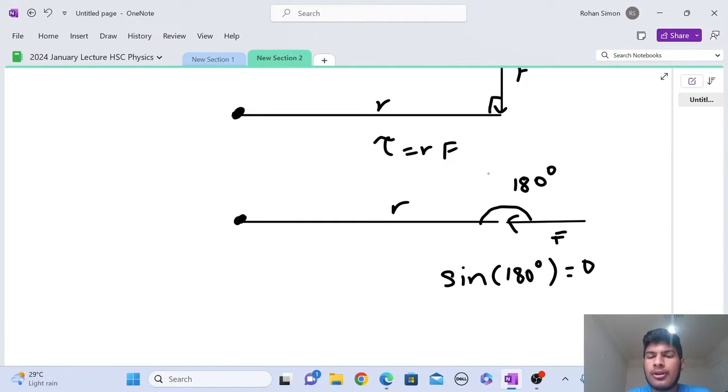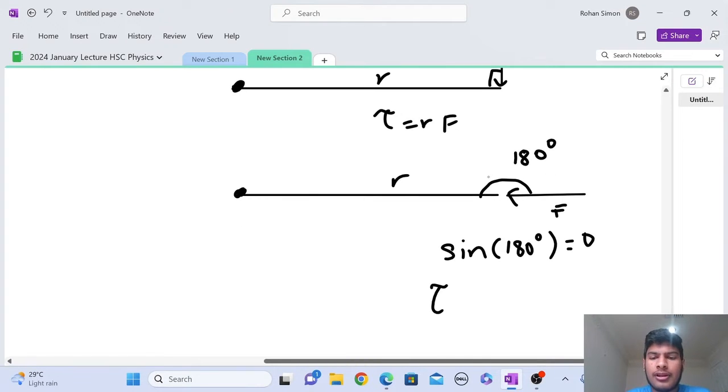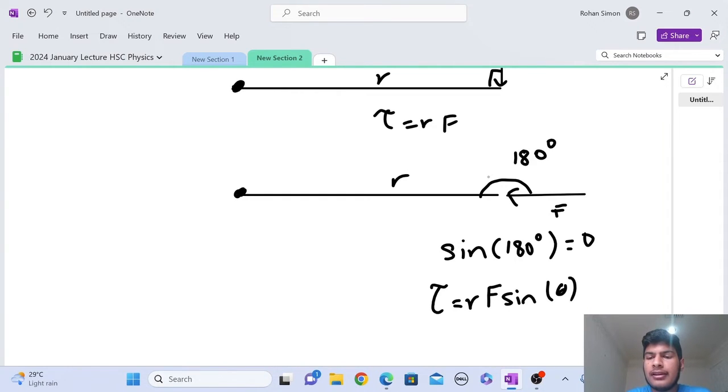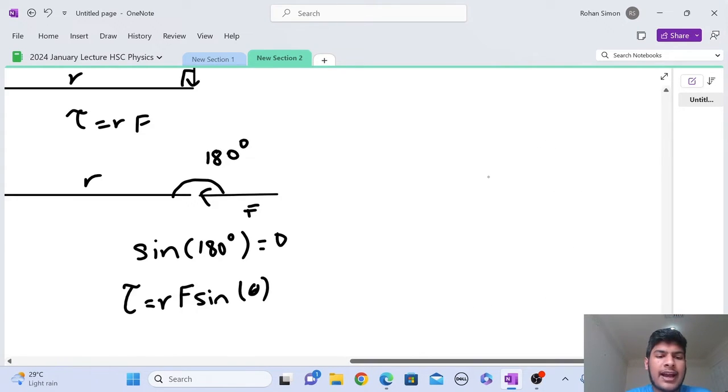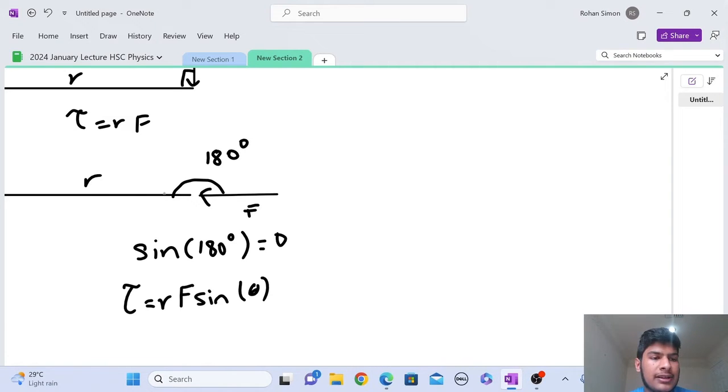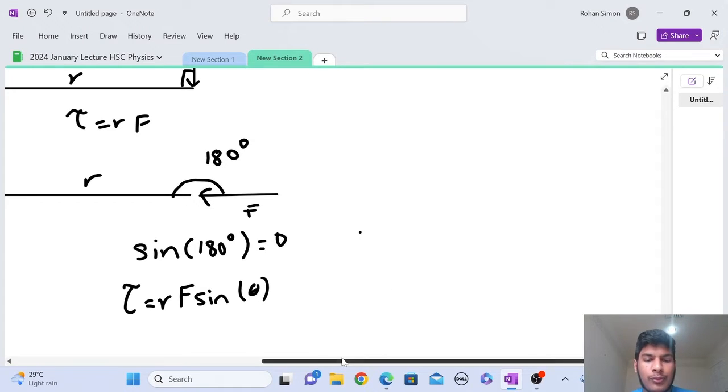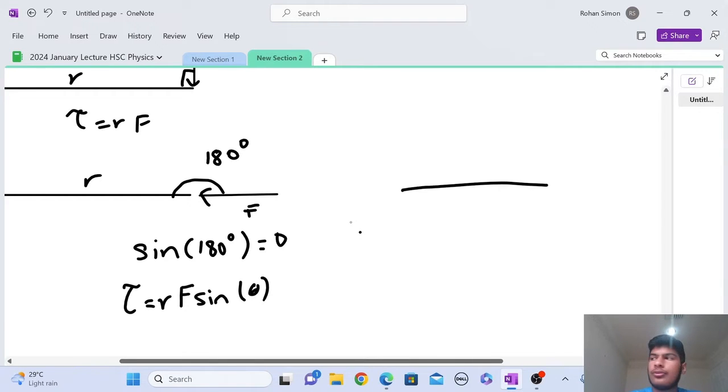Well, that's 0. So the torque equals RF sine theta, because we're only interested in the component of the force that's actually producing a torque, because anything that's parallel to this lever arm is not going to generate a torque.